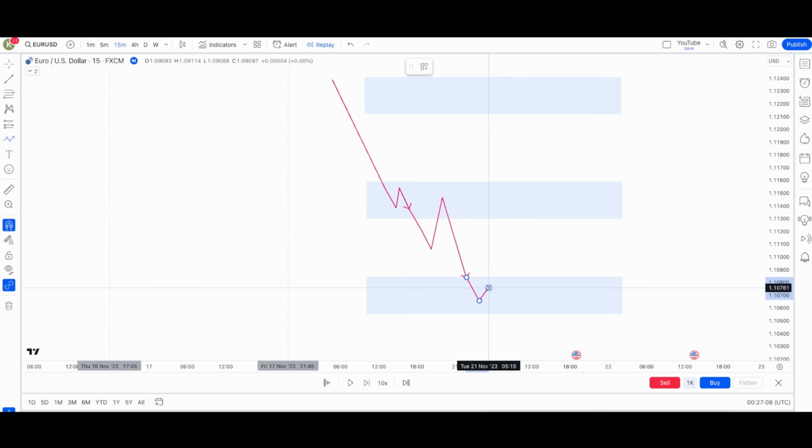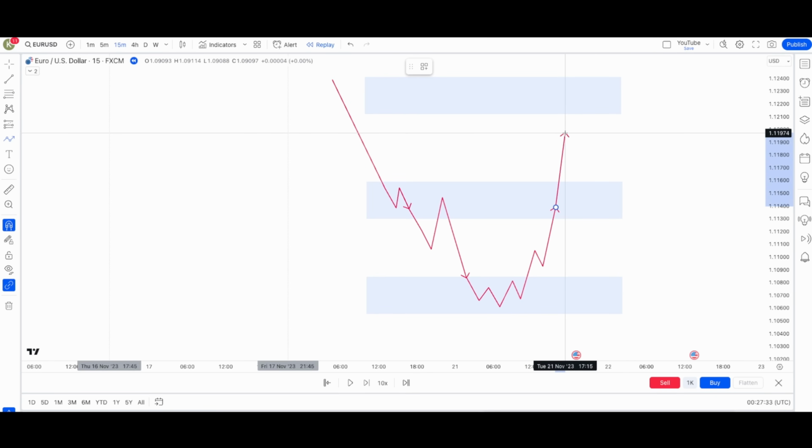If we get a CHoCH, which is going to look something like this, we're going to try to get involved in the furthest pullback possible and follow it back up to the next zone, usually just to the base of the zone when you're going counter-trend. But if price comes up to one of the previous areas or a new area, we know from our statistics that we've got a 2/3 chance that price is going to pass through it.